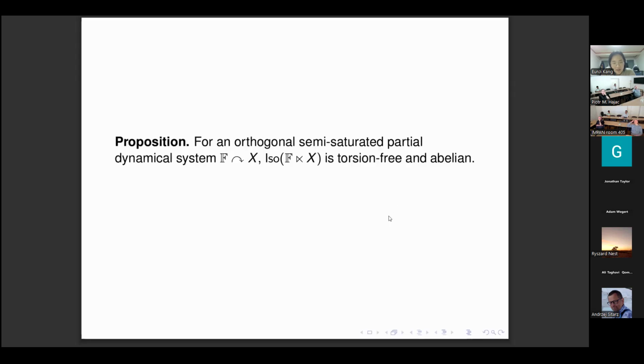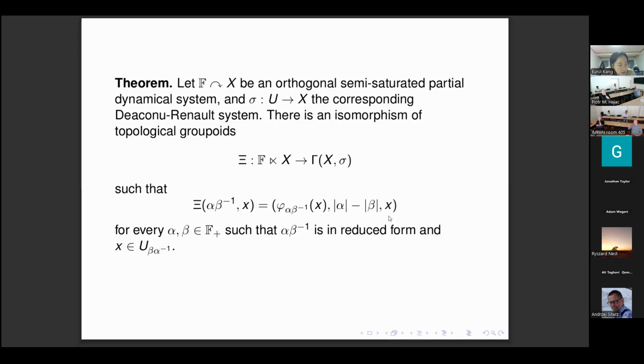Sorry, I don't understand this. So this time, alpha and beta, they are what? Generators of F? Here? Because I see here the length. If these are generators, the length is just 1. Finite word is reduced, maybe. So this time alpha and beta mean finite words. It's the positive cone. It has to be in the positive cone.